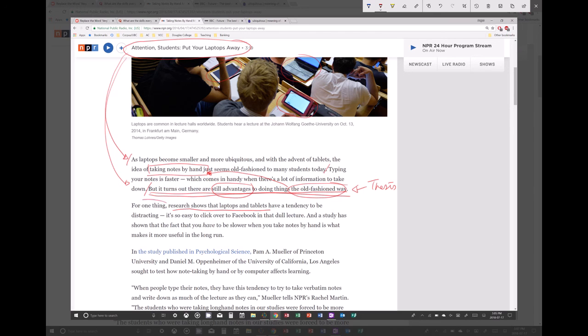So we have a transition word here, for one thing. So it talks about, like, on the one hand. Here is a research, which I wonder where, but for now, let's just say the research shows that using laptops and tablets can be distracting. So that would be some sort of disadvantage to using laptops.